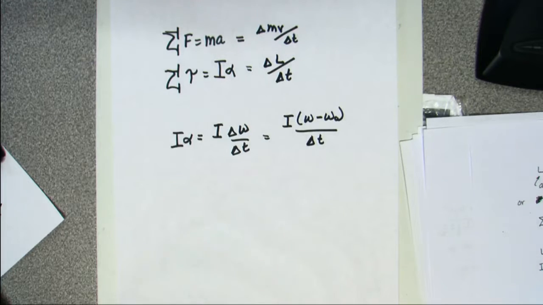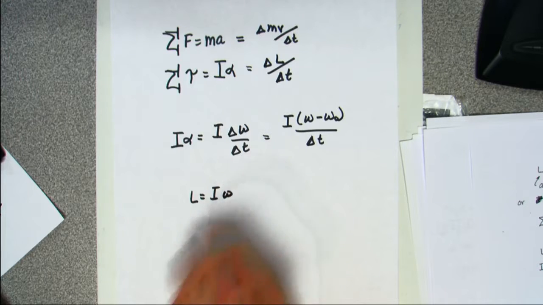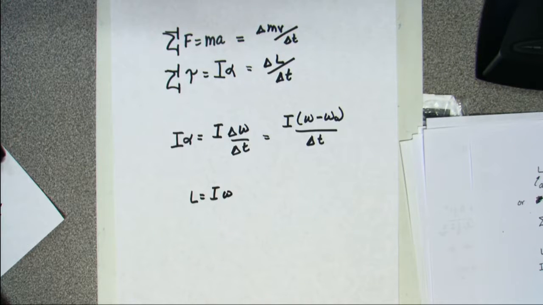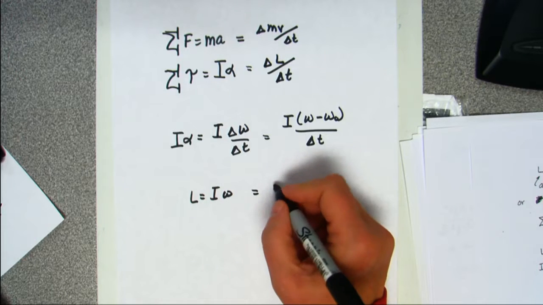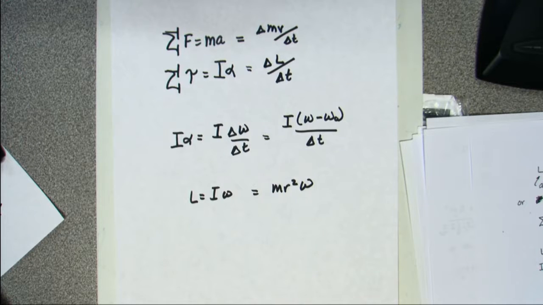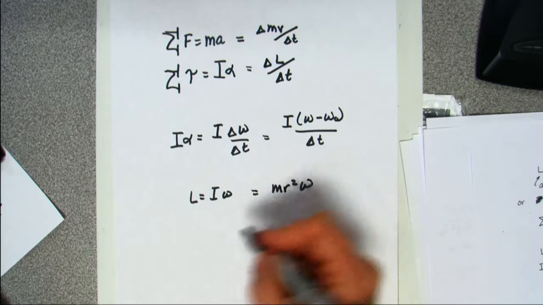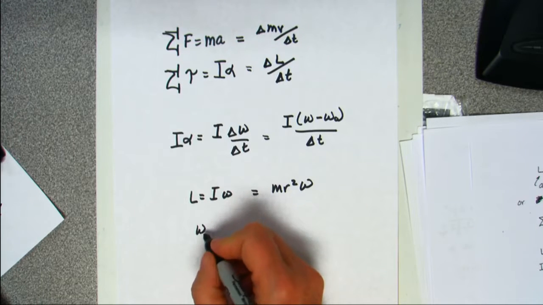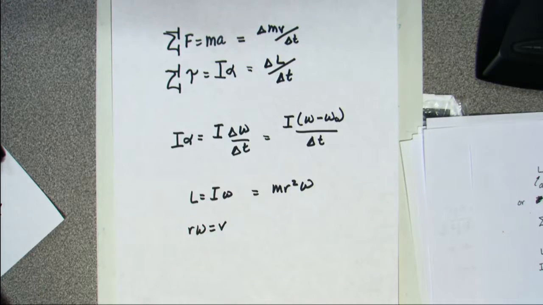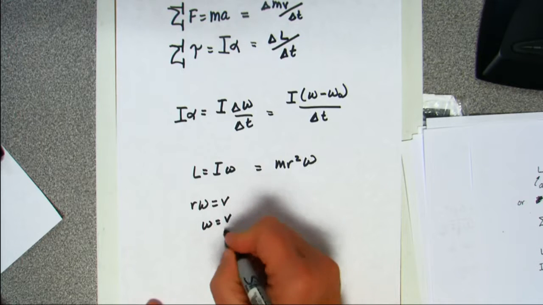And then we define our L as I omega. I put in my I, which is mr squared, times omega. But r omega is equal to v, so omega is equal to v over r.